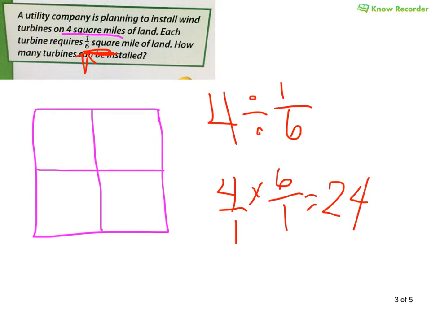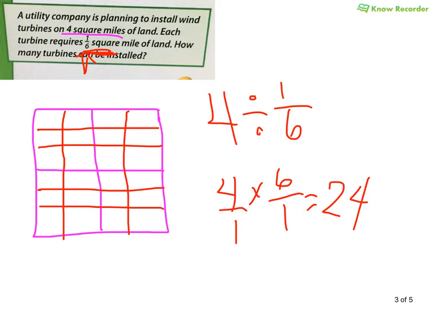And let's do this. I'm going to try to do this without the stylus. So now, if you look, in each section I have 6. 1, 2, 3, 4, 5, 6. 1, 2, 3, 4, 5, 6.